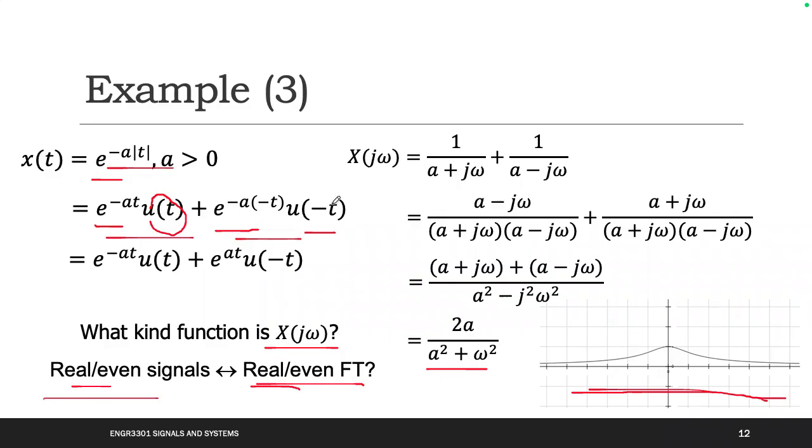And for the FT, if you have a real and even FT, is the signal real and even? Yes. You can try to prove that. It's very similar to the FS coefficient.